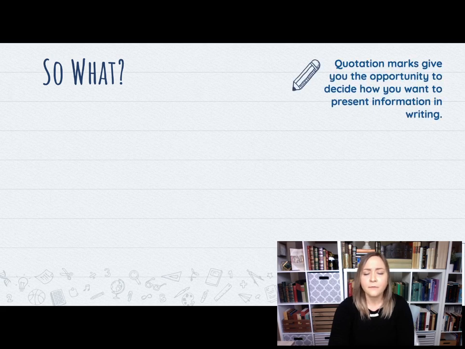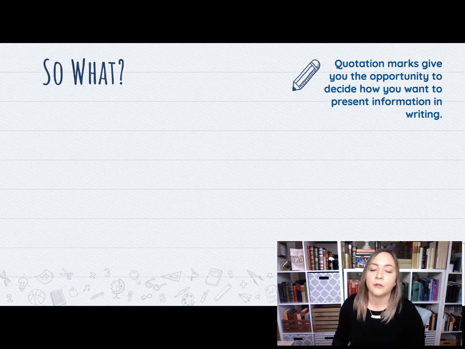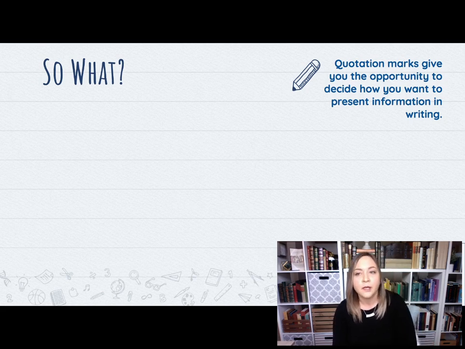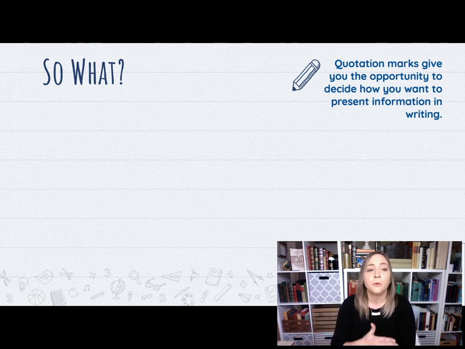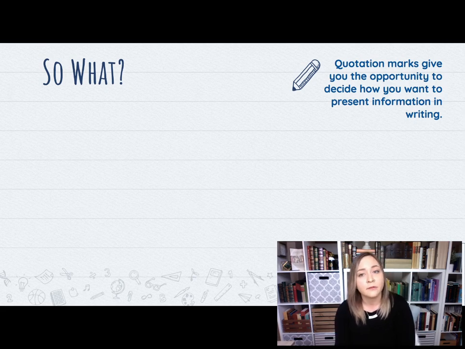All right, guys. So I want to go over what's the big deal. Why does it matter? In your own writing, not just why quotation marks are important, and not just what do they indicate, like we just talked about, why is it so important that the grammar is correct on them? In your own writing, it gives you the opportunity to make decisions: how do you want to present information? This could be true for creative writing, so do I want to include dialogue or a thought process here?